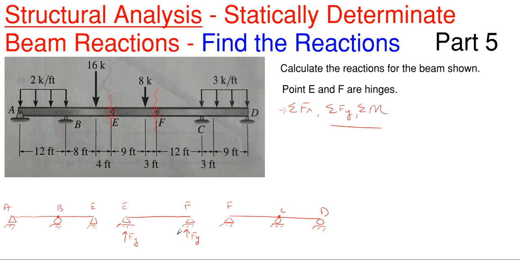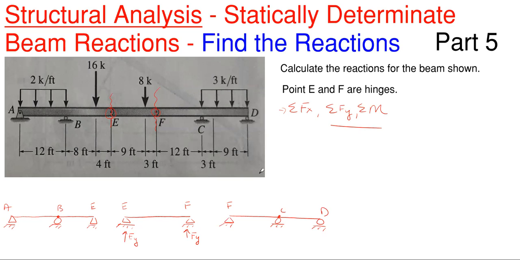Well, what about the horizontal forces there at E and F? Looking at the overall beam, do we have any horizontal forces being applied at all? No. Everything that's being applied is a vertical force. So we will have 0 horizontal forces inside our member.